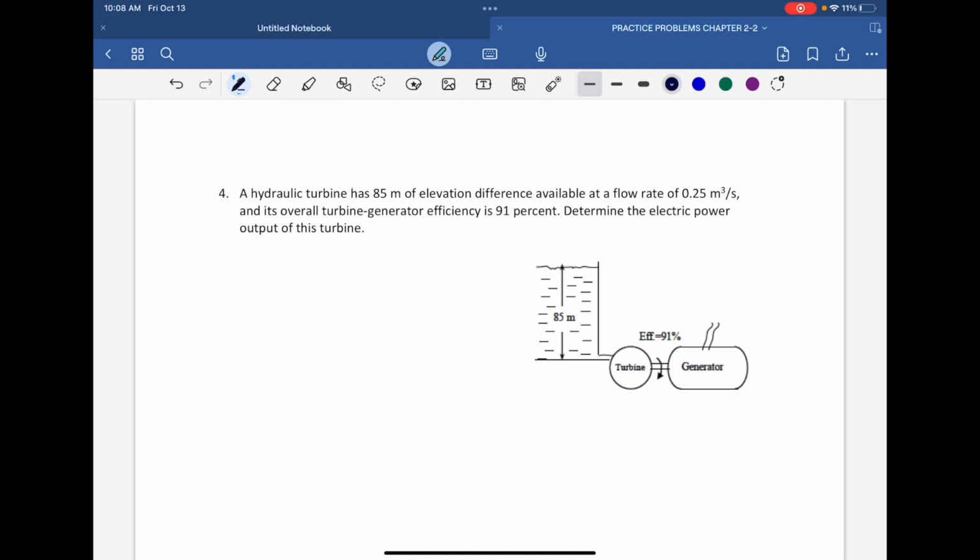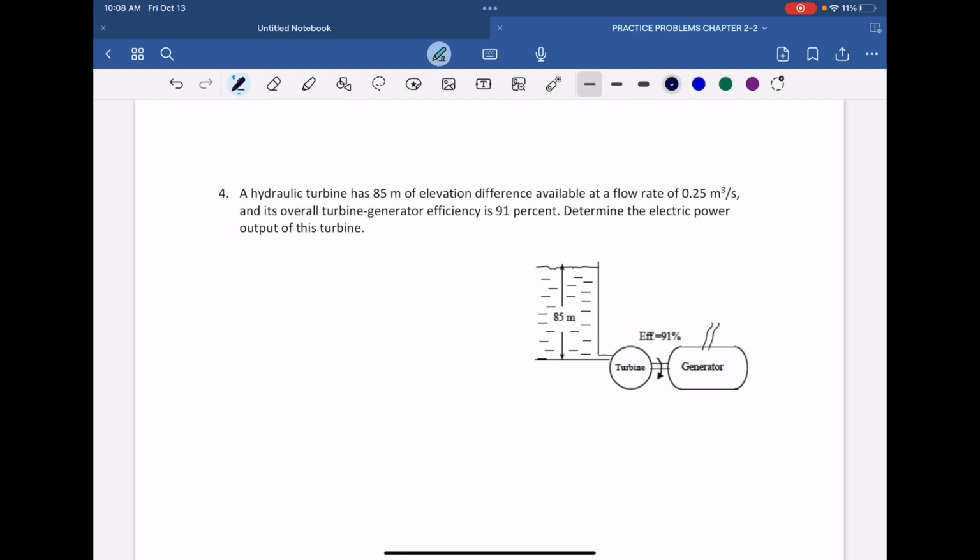So when we look at it, we remember what we learned about hydroelectric power plants, that we have a potential energy of a fluid, and it is going to rotate the shaft in the turbine.